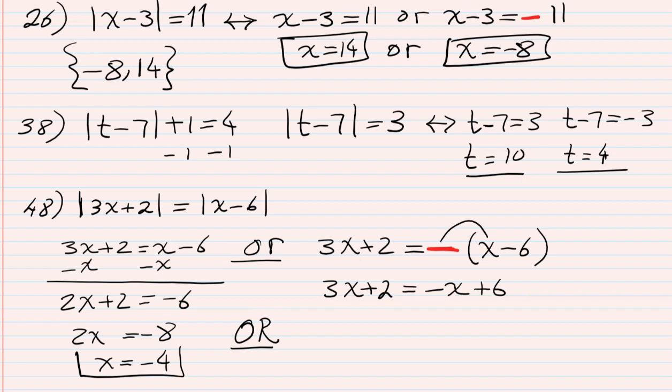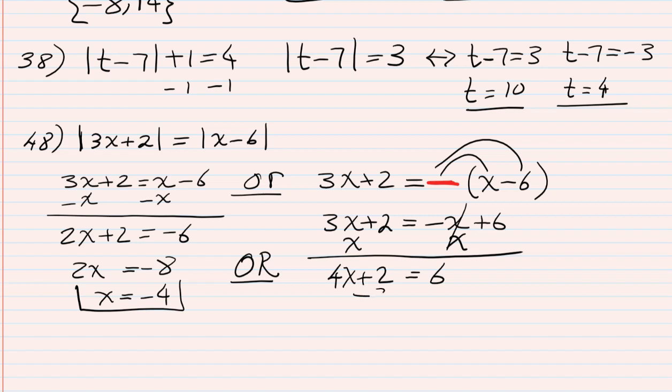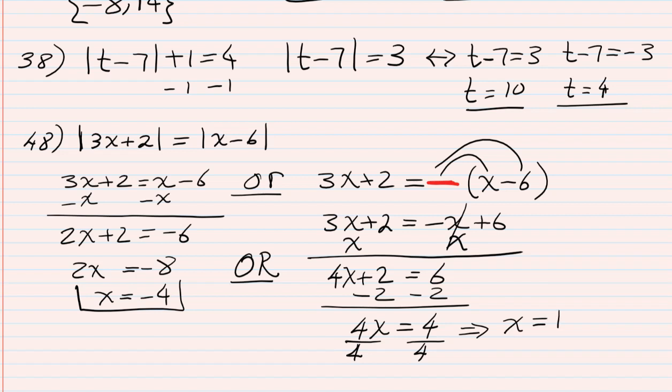So I distributed the negative to both. Then I'm going to add x to both sides. I like having variables on the left side. 4x plus 2 equals 6. A couple more steps and we're there. Subtract 2 toward isolating x and divide by 4. And from this we get x is 1.